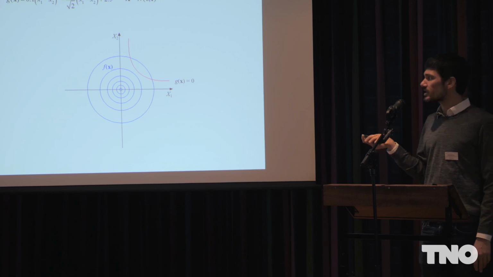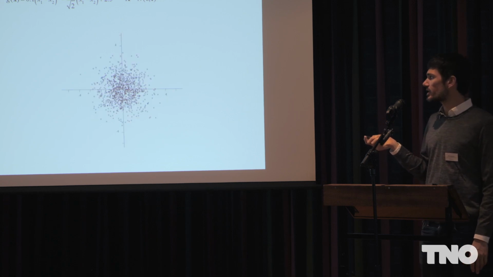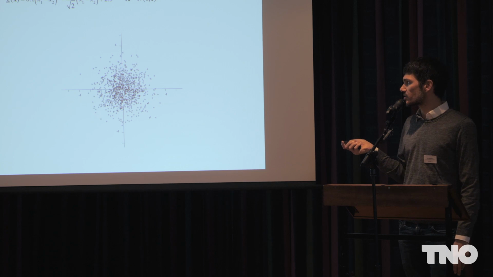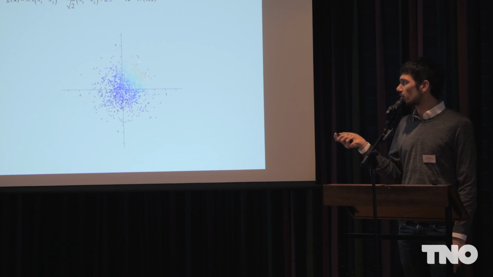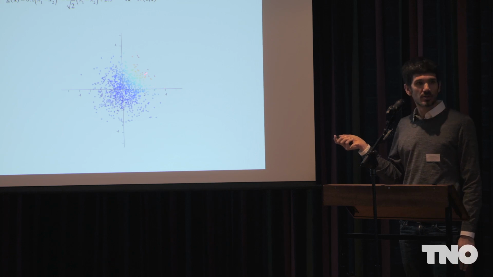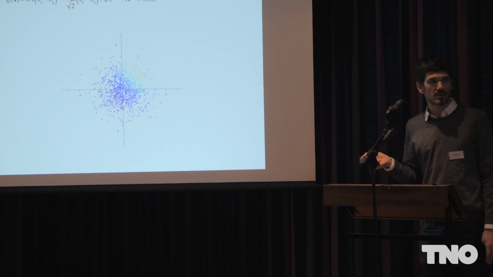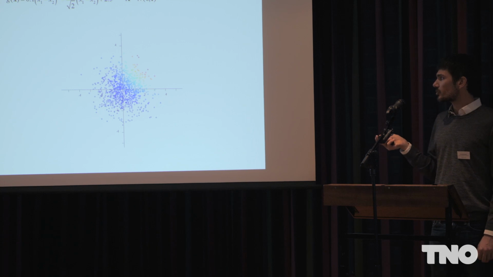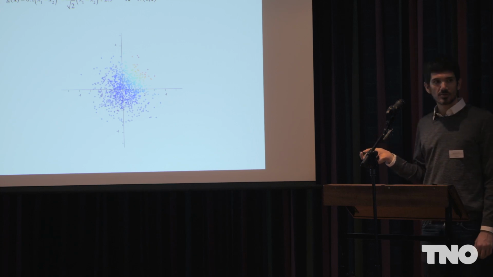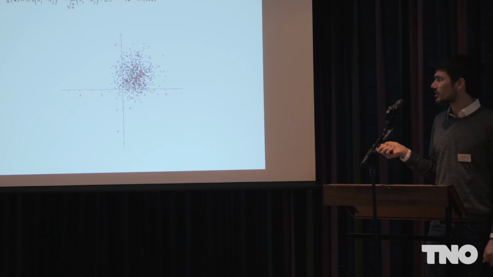How this method works is that we start with, again, the samples from the density of the random variables, and then we apply weights to these samples. Okay? So the samples that are closer to the failure domain will have higher weights than the samples further away from the failure domain. Then we resample and move these samples by using MCMC, and we get something like this.